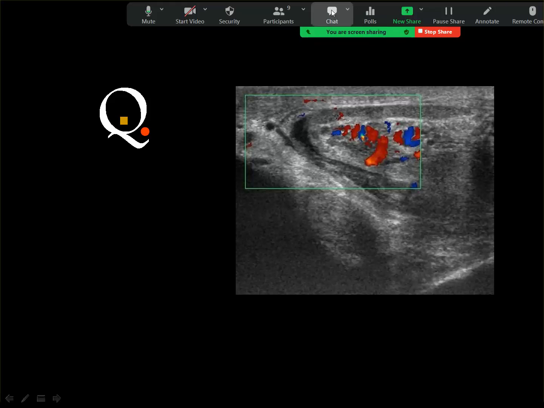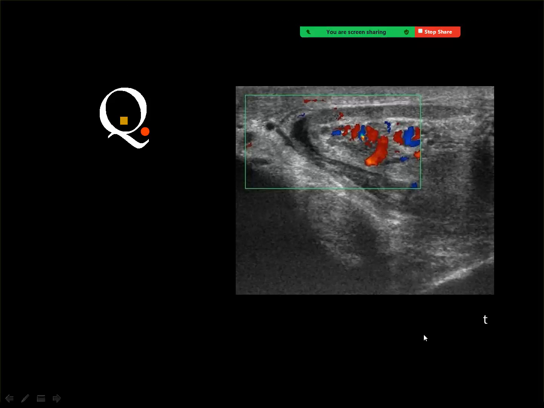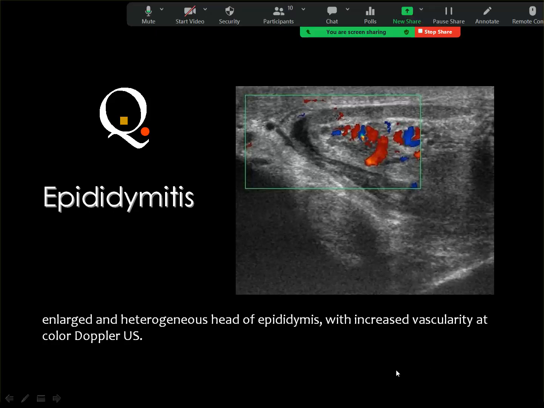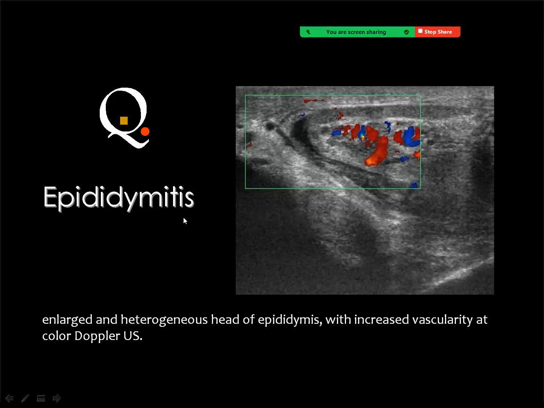marked Doppler flow in the epididymis, which means that there is some sort of inflammation, and this is characteristic of epididymitis, which can occur as an isolated lesion or can be associated with inflammation of the testicle.